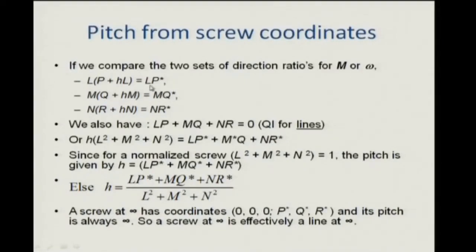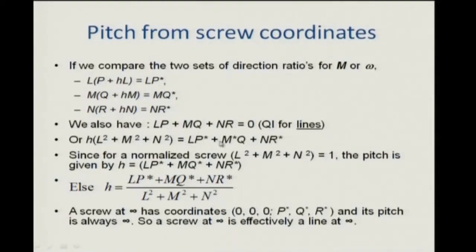If you now take this set of direction ratios, L this is equal to LP star, and if I want to add up LP star, MQ star and NR star, I know that LP plus MQ plus NR is equal to 0. So, I will be left with H L squared plus H M squared plus H N squared.